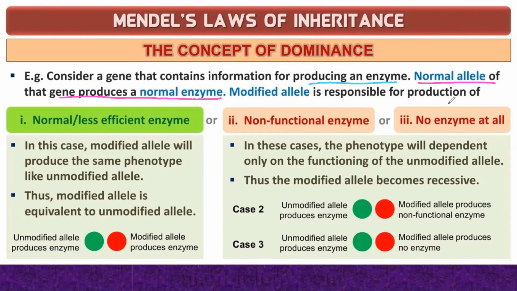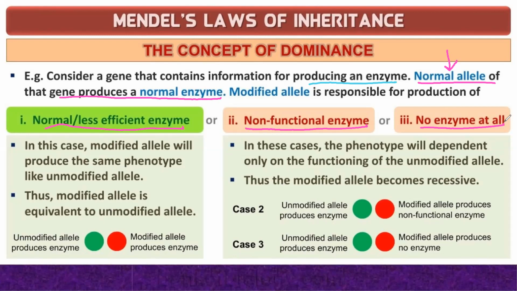There won't be any other option. But in case of modified, the gene may produce a normal or less efficient enzyme, or non-functional enzyme, or no enzyme at all. So there are three conditions in which the modified, that is recessive gene, is functioning.